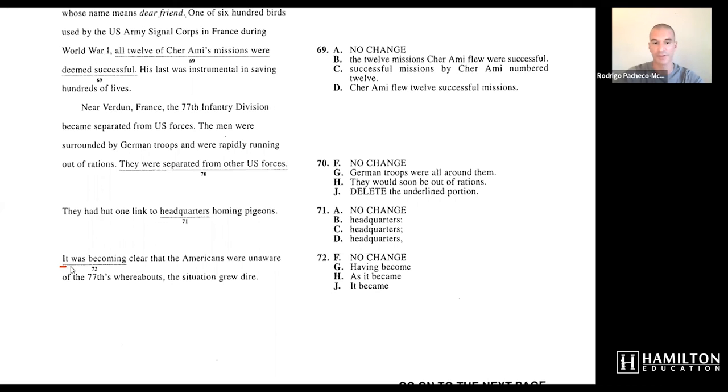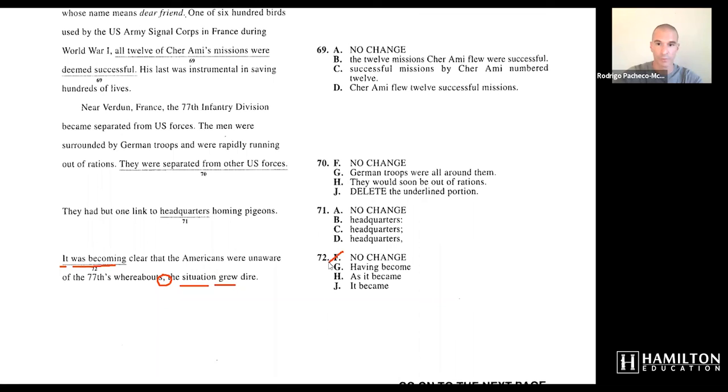That's our first subject and our verb, which is in the past progressive, was becoming. And then we have our second subject, situation, and our verb, grew. So we have two independent clauses joined by a comma. This comma would be a comma splice. That is a punctuation error.